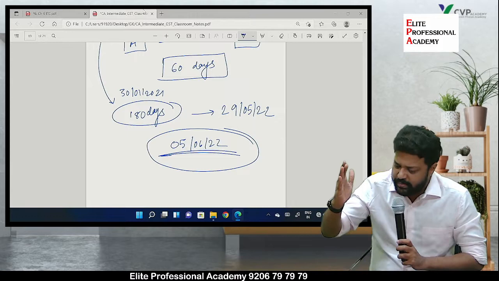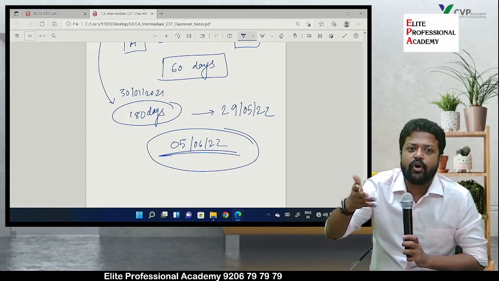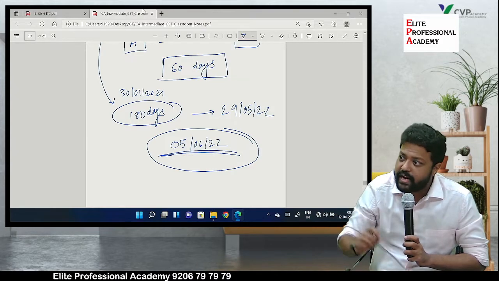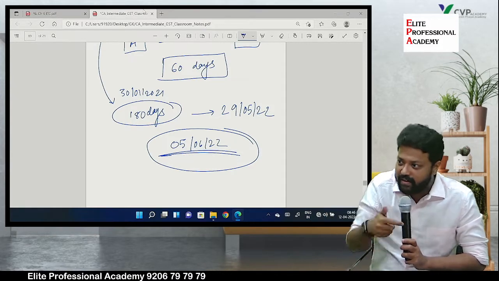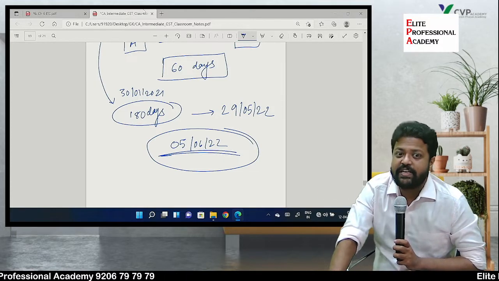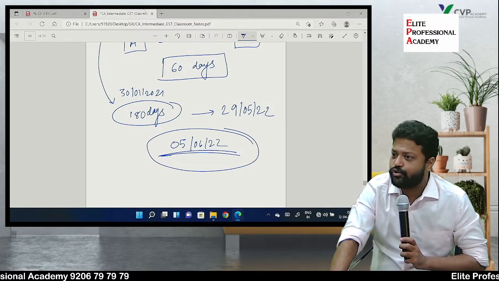So tax authorities may always say that no, you are not eligible for this credit because it was supposed to be reversed and re-availed. You have not re-availed it, you have availed it, so credit will not be given to you. That is a stand that in extreme cases tax authorities may take.